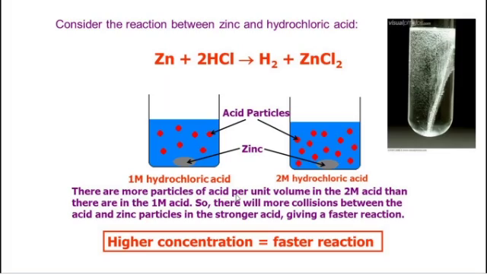There are more acid particles per unit volume in the 2 molarity acid than in the 1 molarity acid. So there will be more collisions between the acid and zinc particles in the stronger acid, giving a fast reaction. With the higher concentration, the reaction is also fast. This is the reaction between zinc and hydrochloric acid.